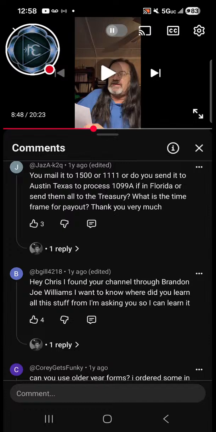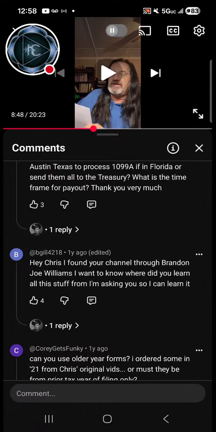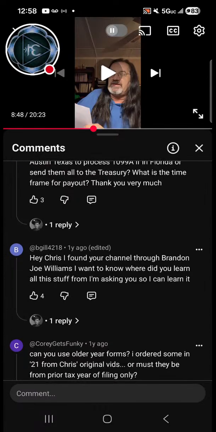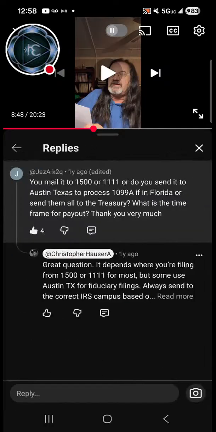Moving right along. Do you mail it to the 1500 or the 1111, or do you send it to the Austin, Texas to process 1099 if in Florida, or send them all to the Treasury? What is the time frame for payout? Thank you very much. Okay, that's a good question. Let's see what his answer was. Great question.